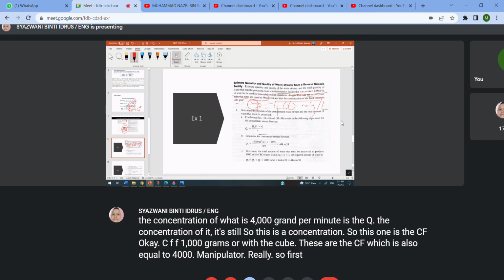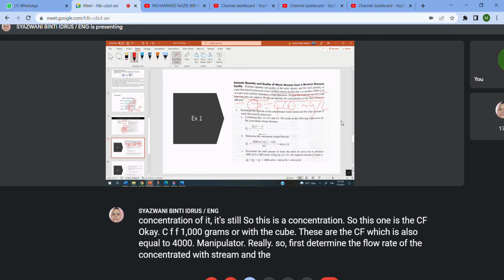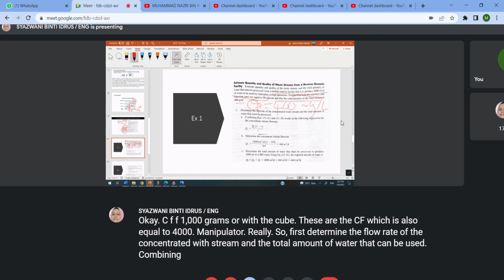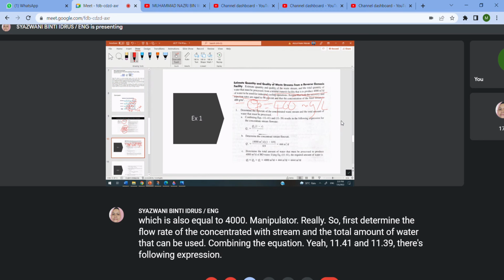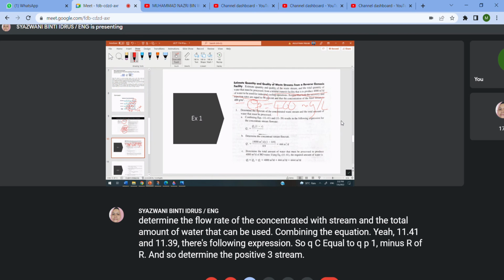So first, determine the flow rate of the concentrated waste stream and the total amount of water that can be used. Combining equations 11.41 and 11.39 results in the following expression. So QC equals QP times (1 minus R) over R. So determine the concentrate stream flow rate.